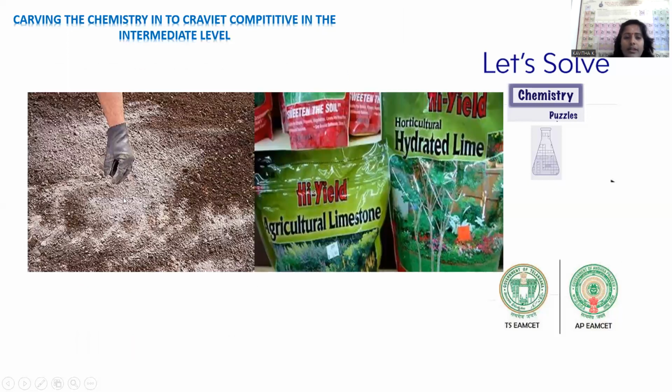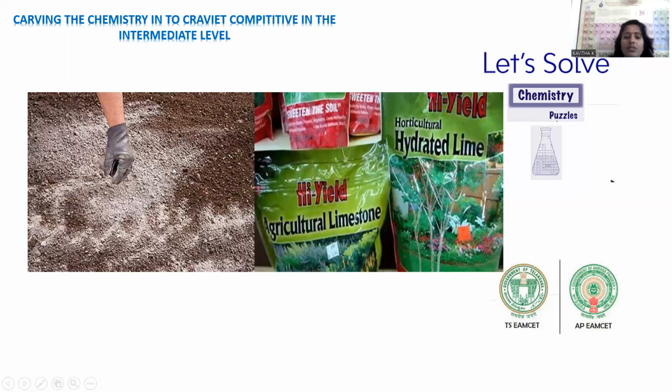Here you can clearly observe agricultural limestone is available where soil nature is acidic. Acidic means pH is less than 7; only then can we say the soil is acidic in nature. Acidic soil can be neutralized conveniently by adding a base. What base? Limestone base. This is the commercially available limestone.